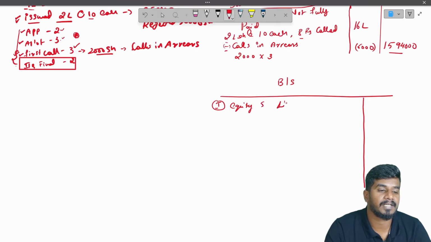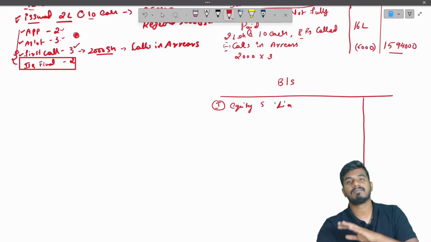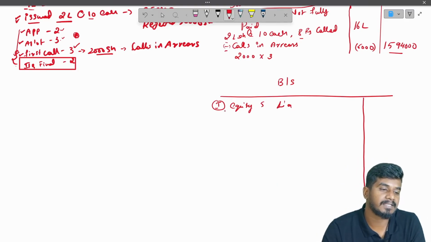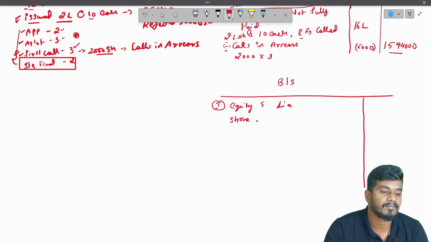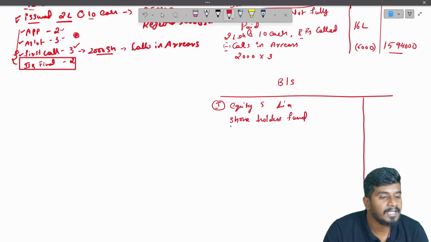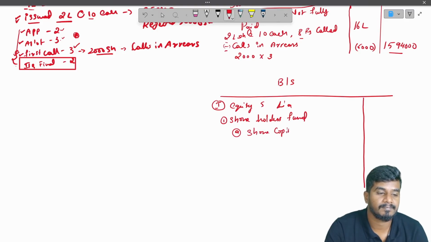In our balance sheet, we will first write equity and liability. Under this, we will have shareholders fund. And under shareholders fund, we will have share capital.